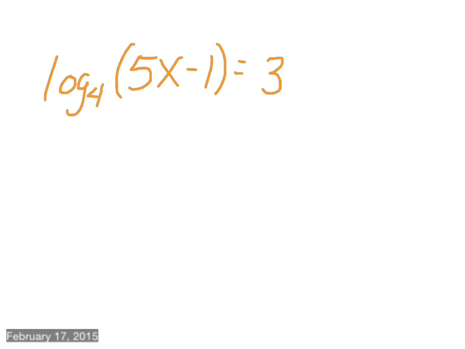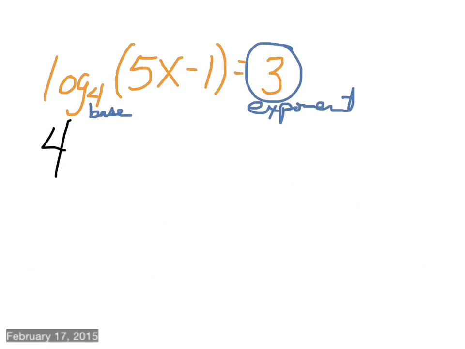If it's set up like this, I would rewrite this as an exponential equation. So, what's the base number? 4. What would the exponent number be? The exponent number is right there. Remember, this one's the base. This one's the exponent.